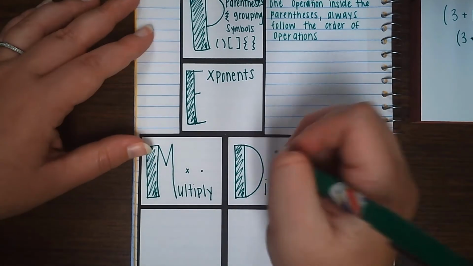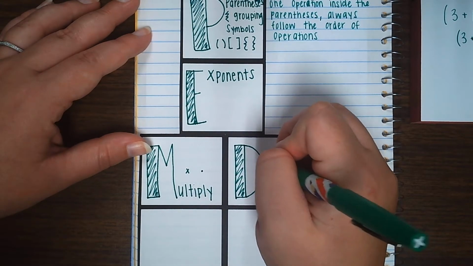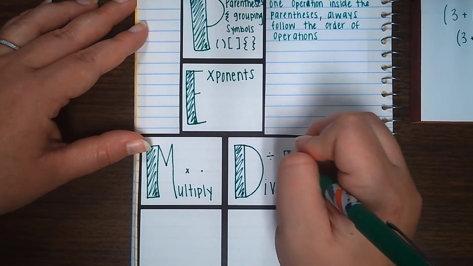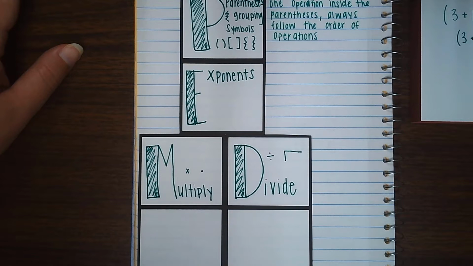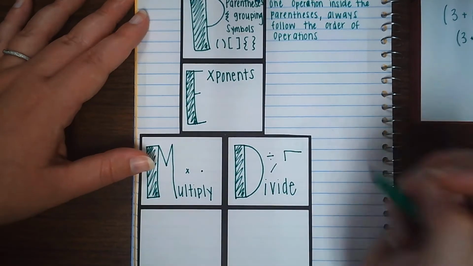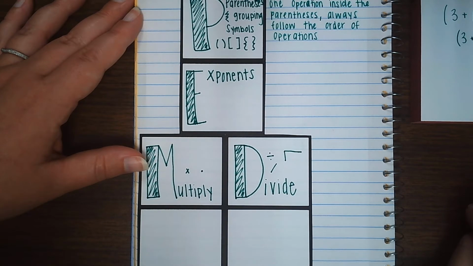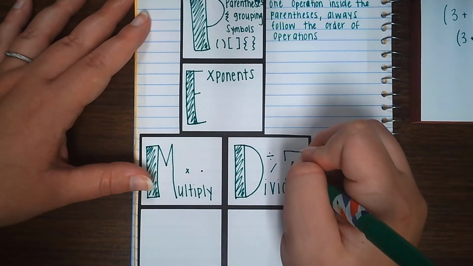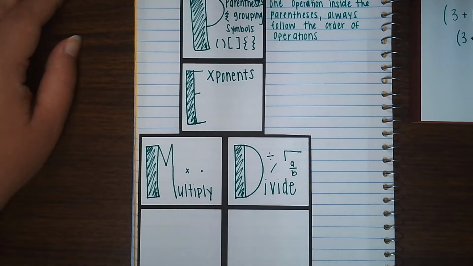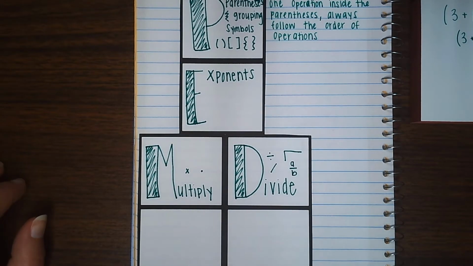For division, you can use the line with the two dots. You can also, for long division, use the box. Sometimes a slash, or sometimes, if you have a number over a number, that could also mean division.